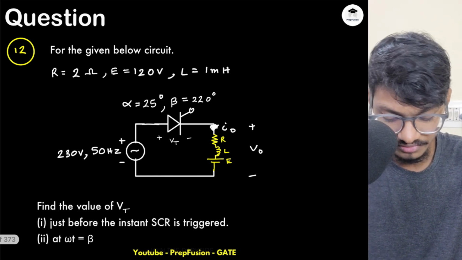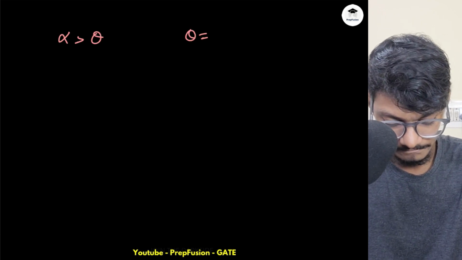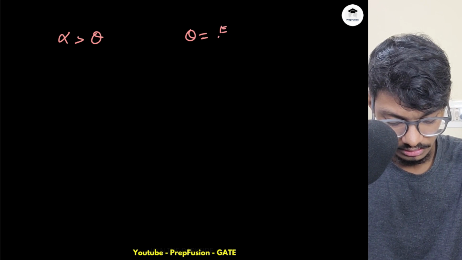So just before it, obviously I know alpha. First of all, we should do a quick sanity check. Alpha must be greater than theta, right? What is theta? Theta is simply sine inverse of E by Vm.